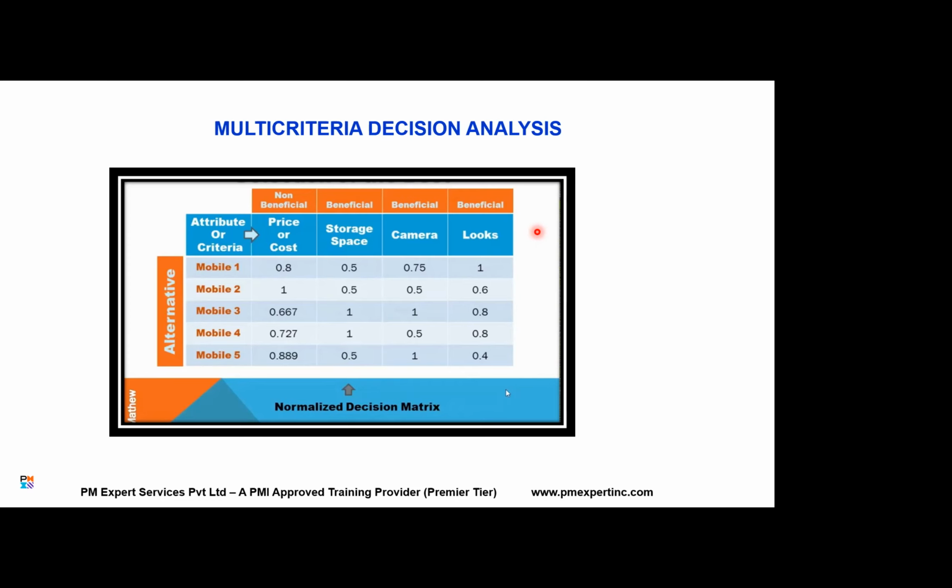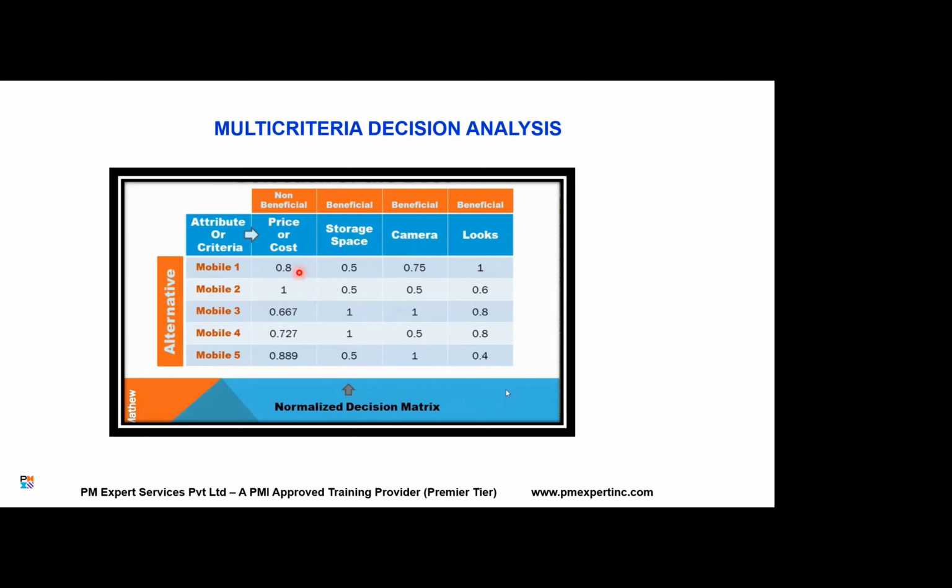So different variants of mobile phones are put together here, and these are the attributes like price or cost, storage space, camera, and looks. They're given ratings based on price, storage space, camera, and looks.